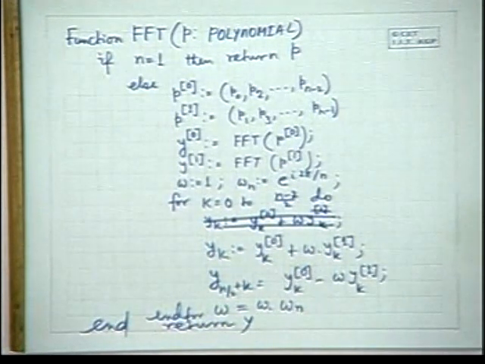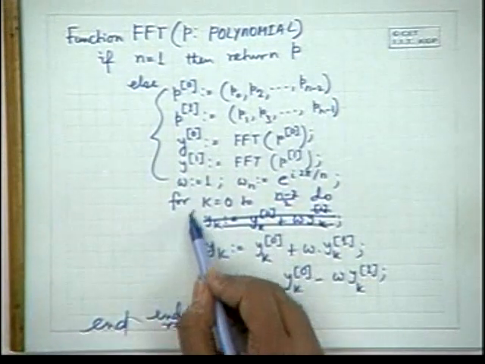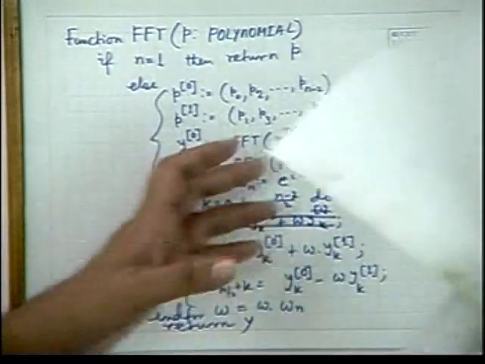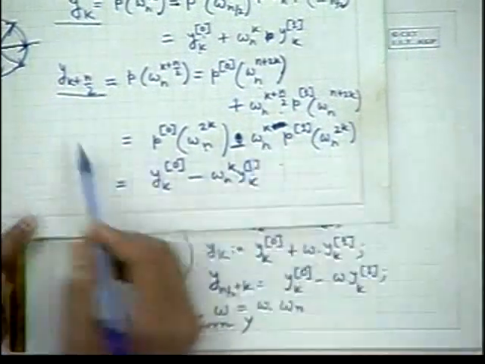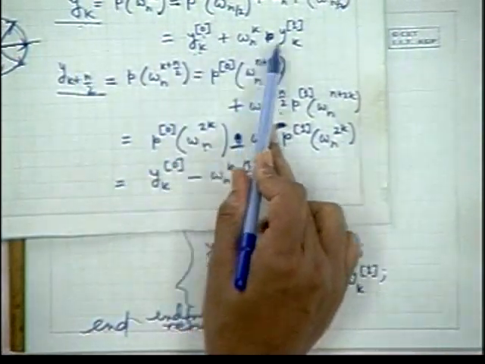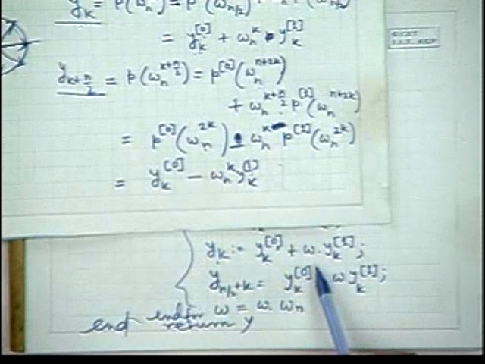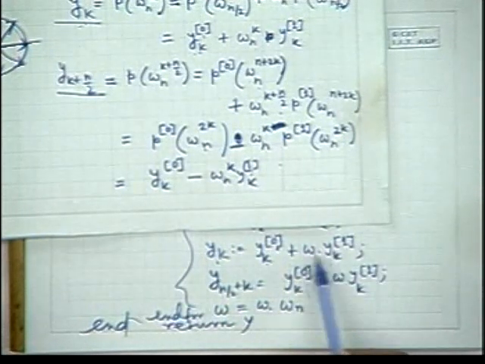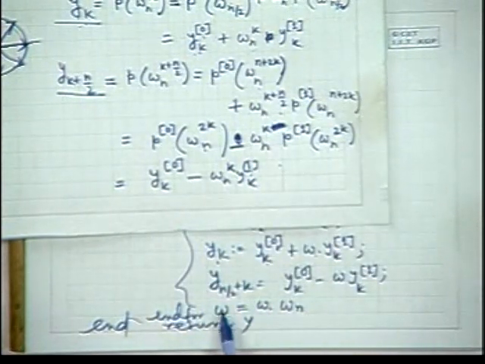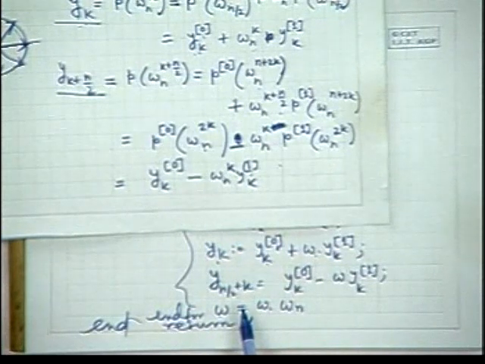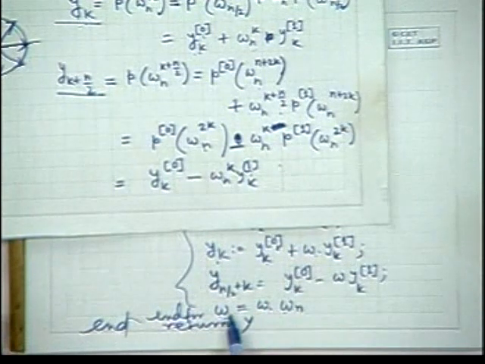So let us look at whether these steps are all clear. This is the divide step. This is exactly the two formulas we are going to use. So let us go back to this. You see yk is equal to yk0 plus w times yk1. Now this w is nothing but wn to the k, because that is getting updated here. You are multiplying by wn, k times, that will give you wn to the k, and that's what it is doing here.